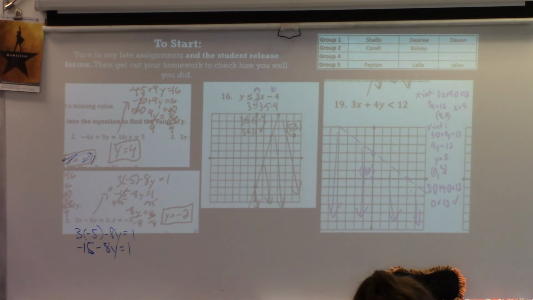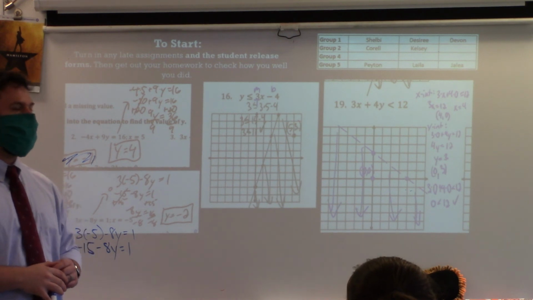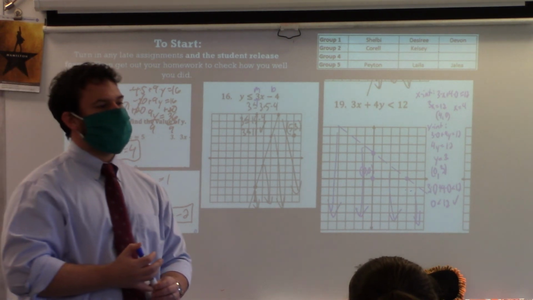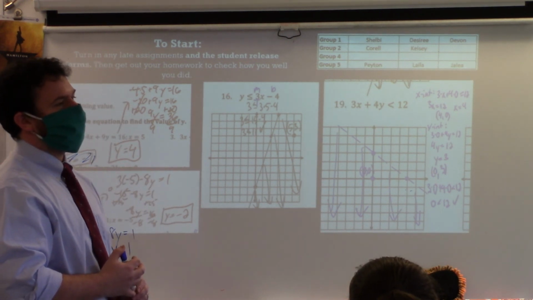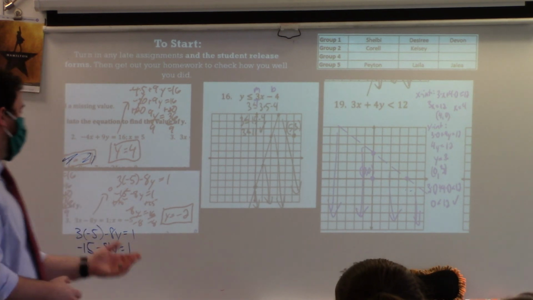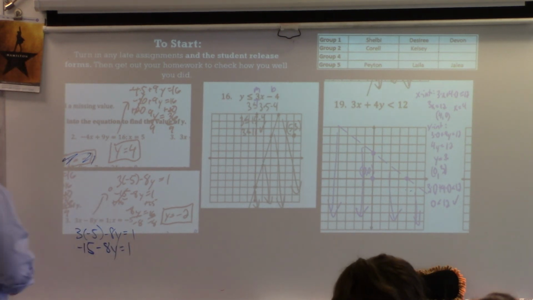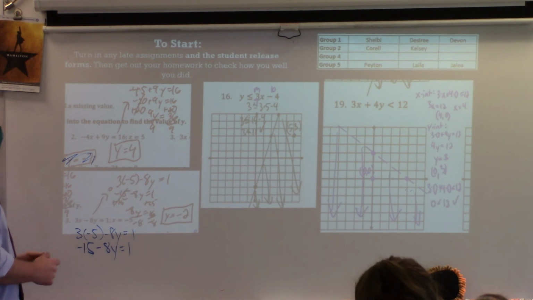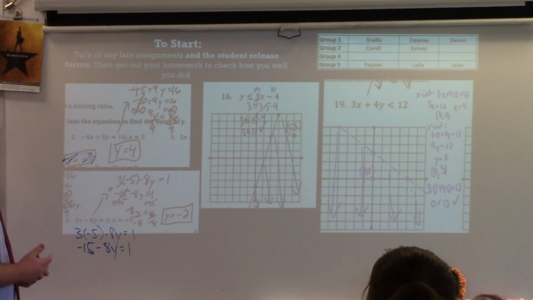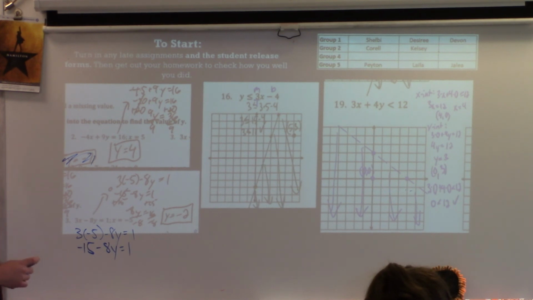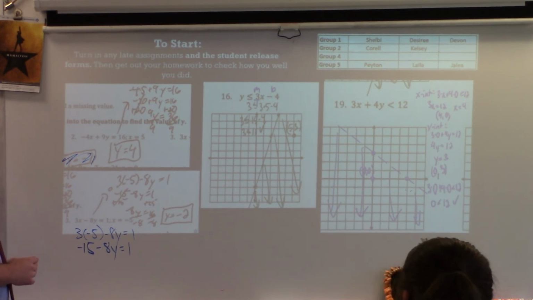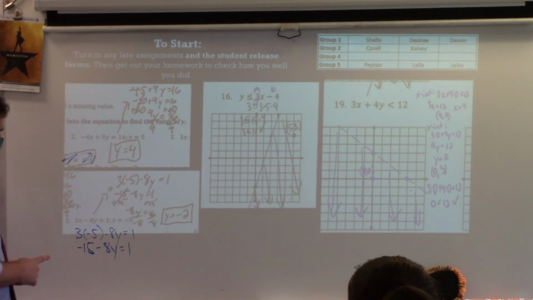Division. So when do we use division? Or when would you use division in an equation? When you're trying to undo multiplication. Do we need to undo multiplication with that 15, or that negative 15? No. Subtract 1.